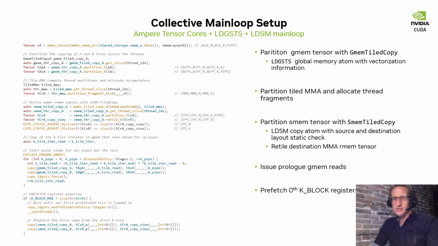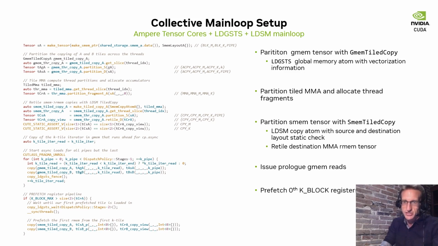There are two primary stages to the main loops, and it's convenient that the code is short enough to put on a single slide. In the first stage, we simply partition the input data for the tiled MMAs and tiled copies, which we reviewed in the CuTe section. We can see the stages. First, partition the global memory and shared memory with respect to the thread-sliced global memory tiled copy.